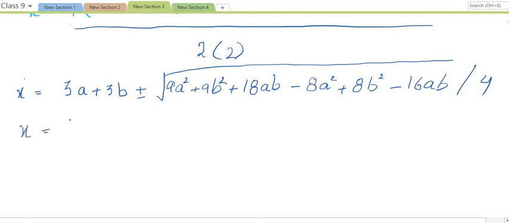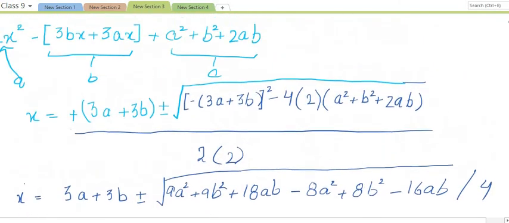x equals 3a plus 3b plus minus the square root of 9a square minus 8a square. It becomes a square, 9b square plus, there is no plus, it must be negative, I think.